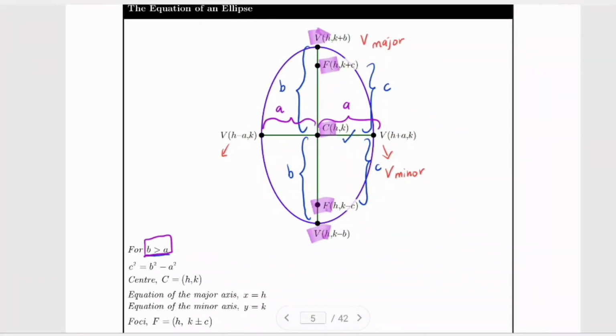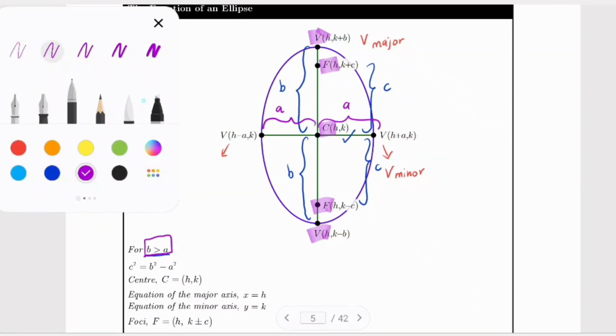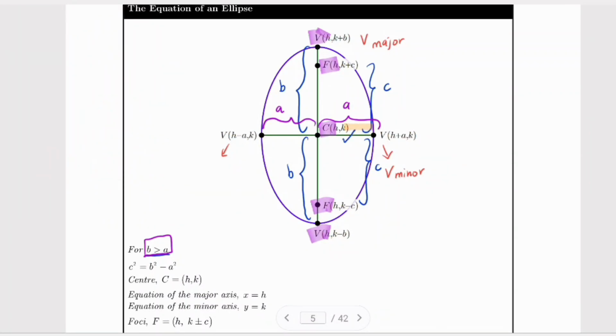From center to foci, it's going to be k plus c. From center to vertex is going to be k plus b. And then we're going to repeat the same process, but we're going to deduct it. So it's going to be k minus c over here and k minus b over here.